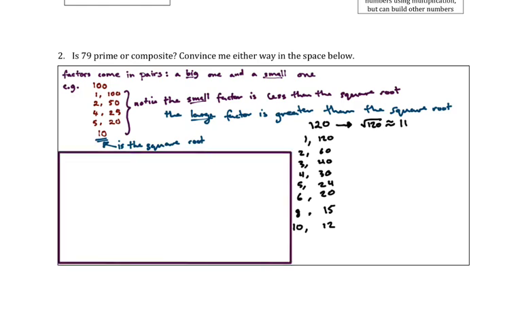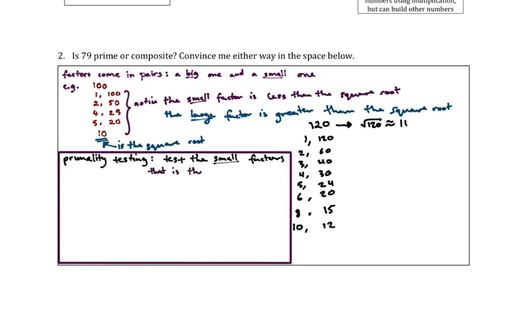primality testing. So what our aim is in primality testing, to test whether a number is prime, the method is to test the possible small factors.